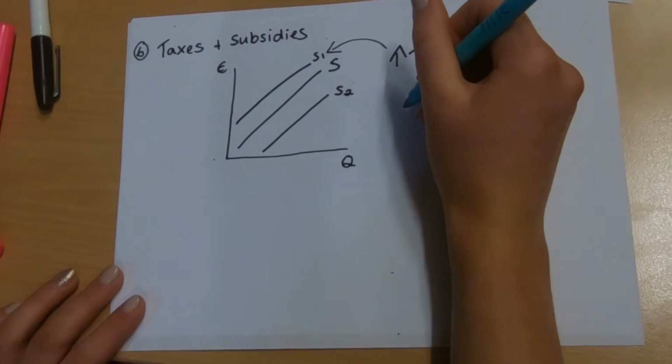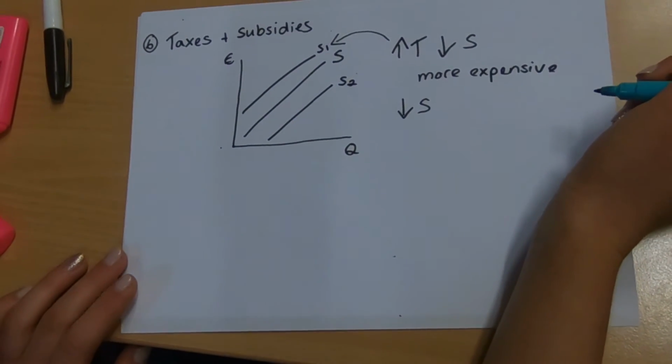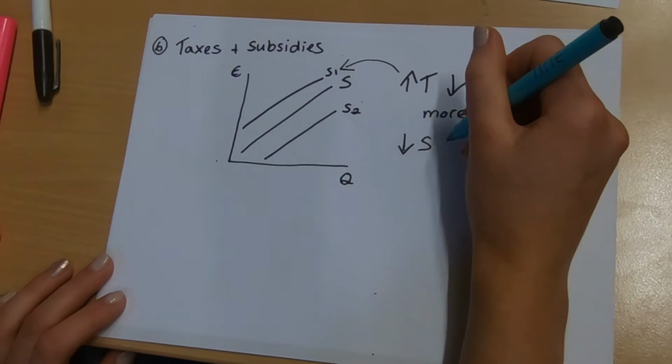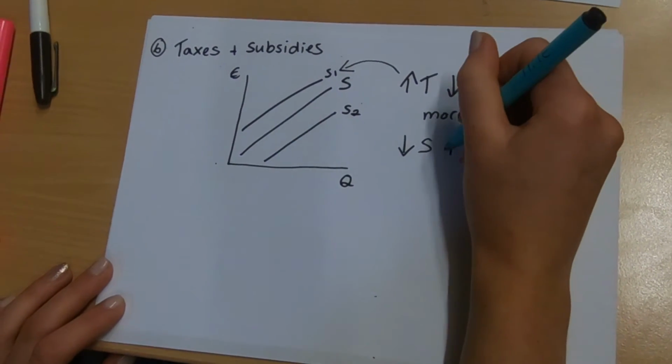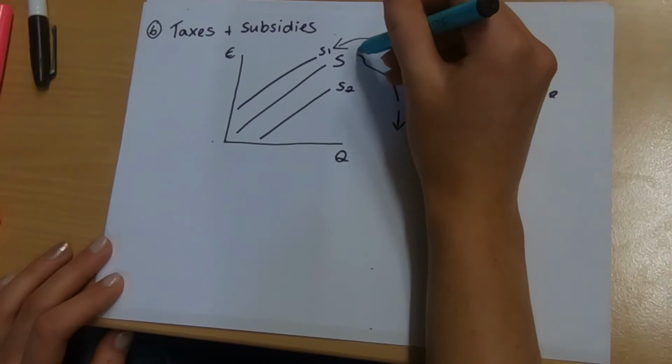And if subsidies are to decrease, so the amount of subsidies that the government is offering to firms, then the supply is going to decrease as well, which can be seen at S1.